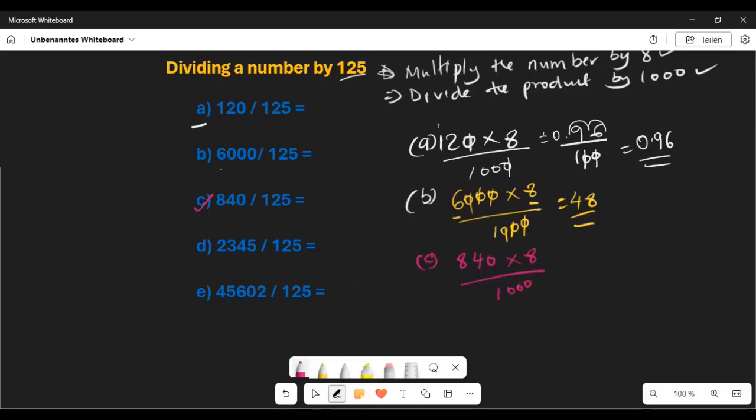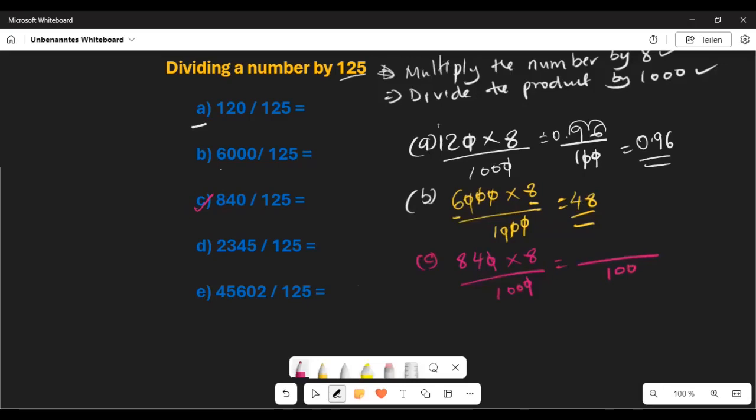In this case also, like I said, the denominator is the same, but since we have 840 here, we can simplify further so that we have 84 multiplied by 8 and then divide by 100. It's easier to do like that than to follow another process.